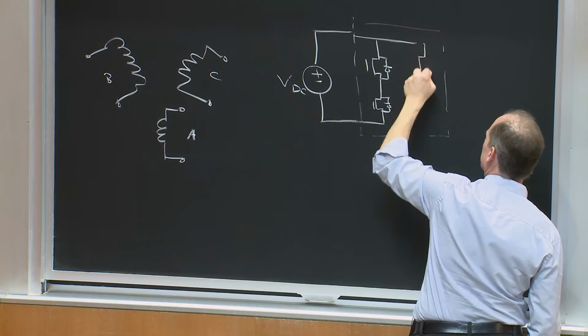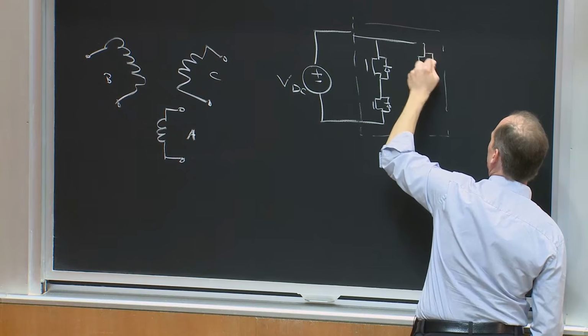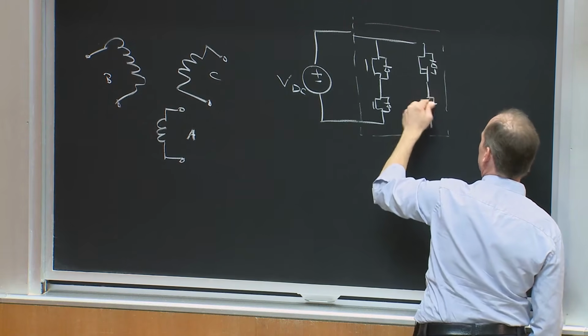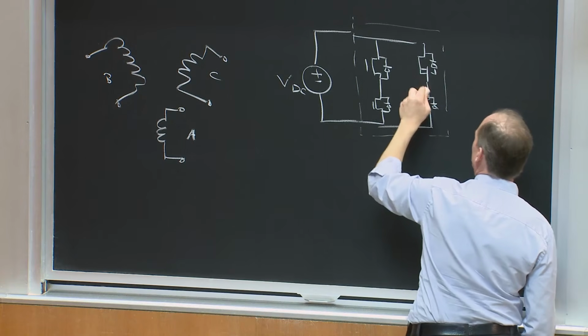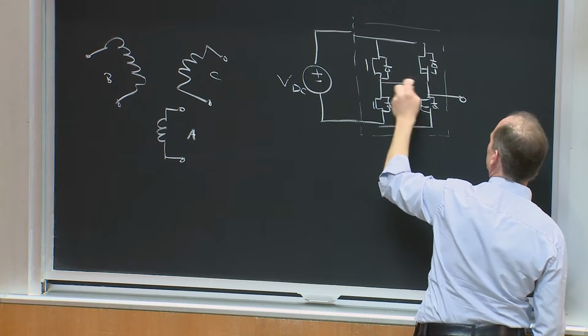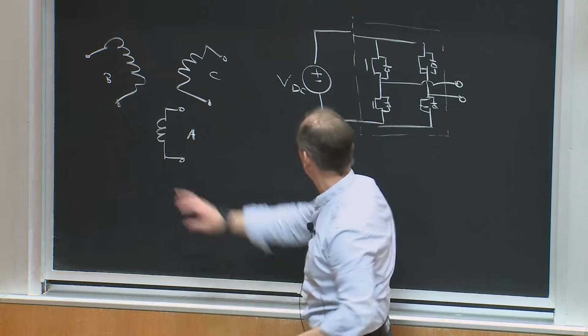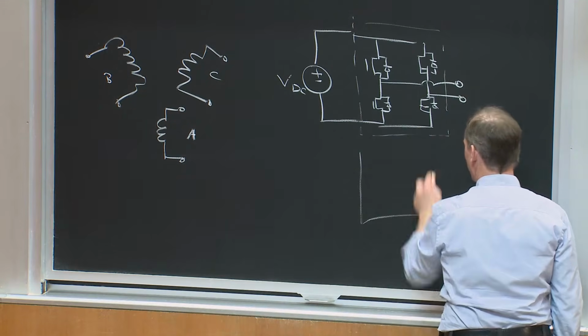okay? And I'll show the diodes on the power MOSFETs just for clarity, right? And I could come out and here's one terminal and here's the other, right? And I build this to drive phase A, and then I build another copy.